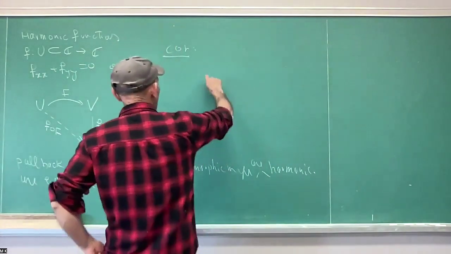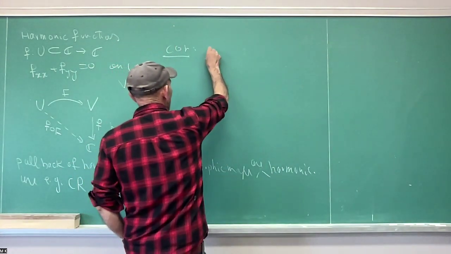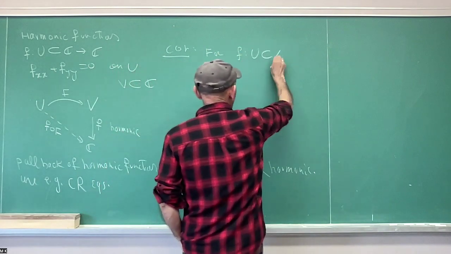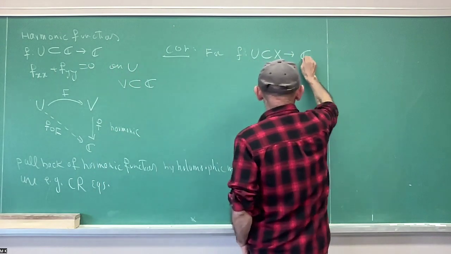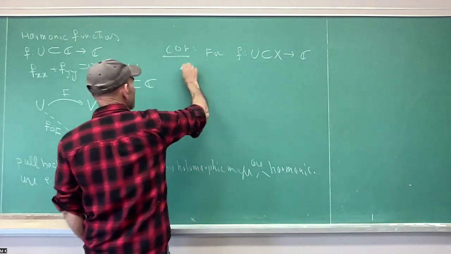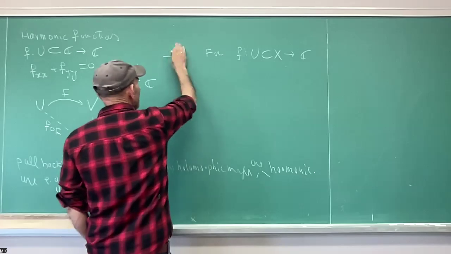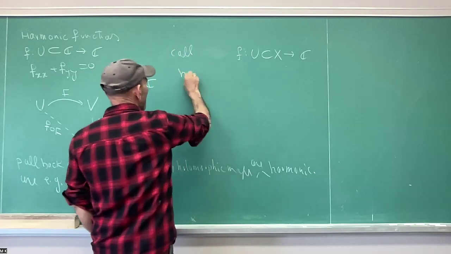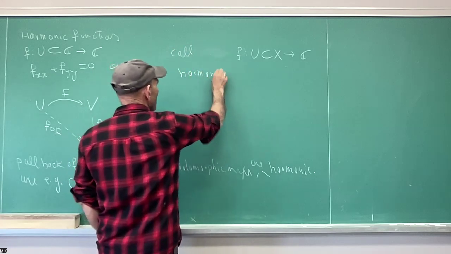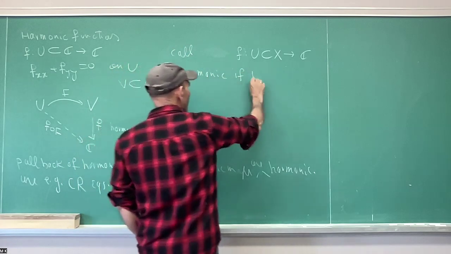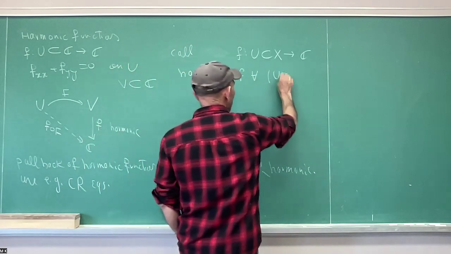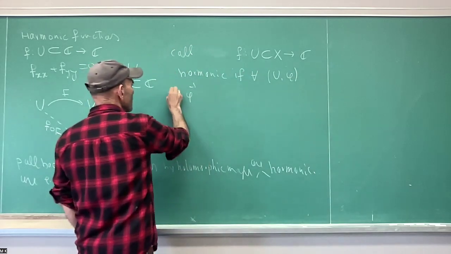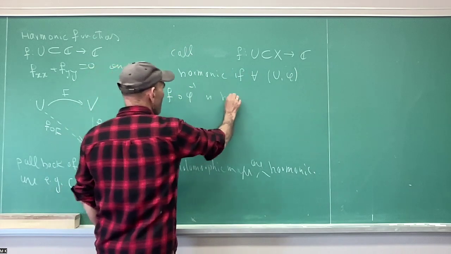So for f from U inside X, a Riemann surface, to C, we call f harmonic if for any coordinate chart (U, phi), f composed with phi inverse is harmonic.